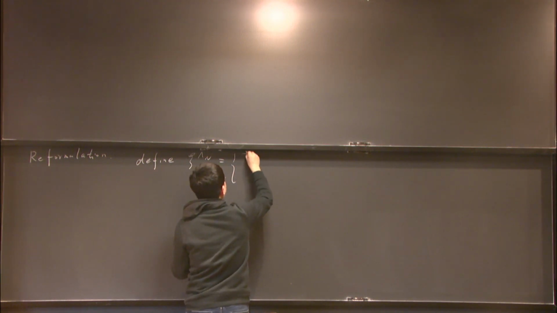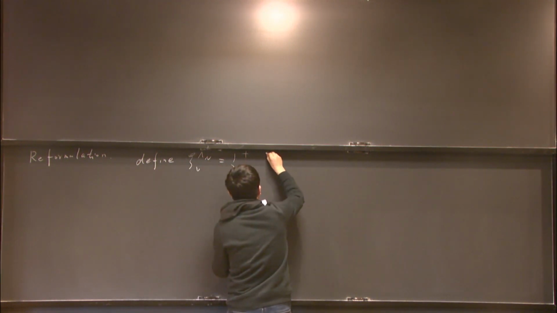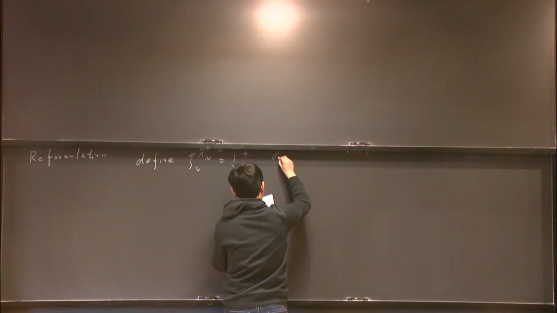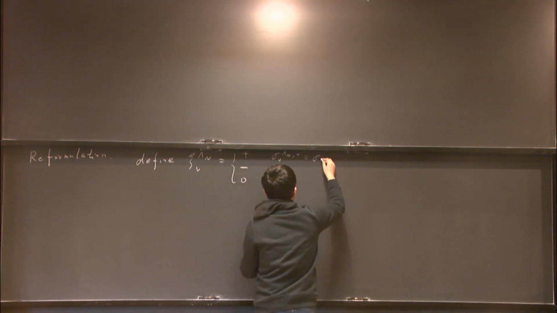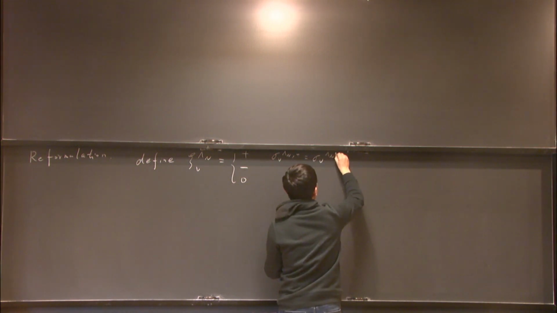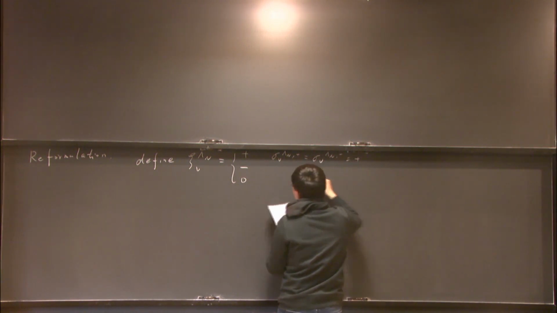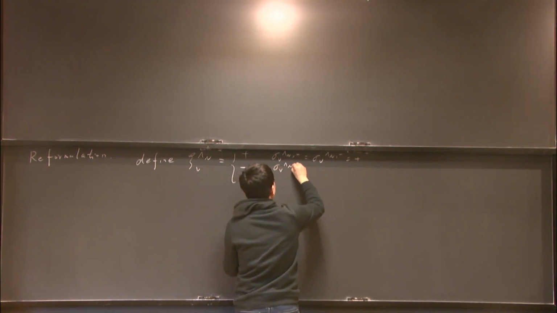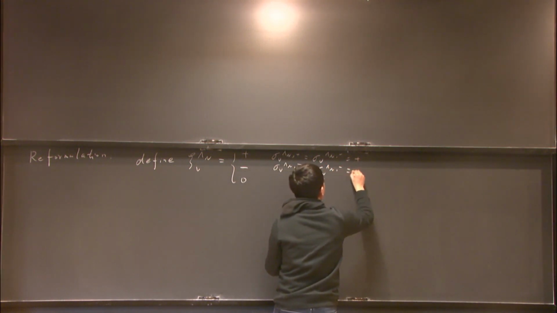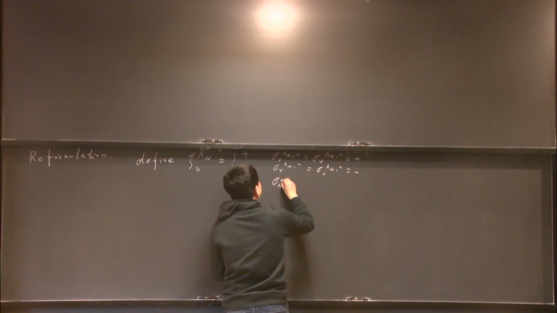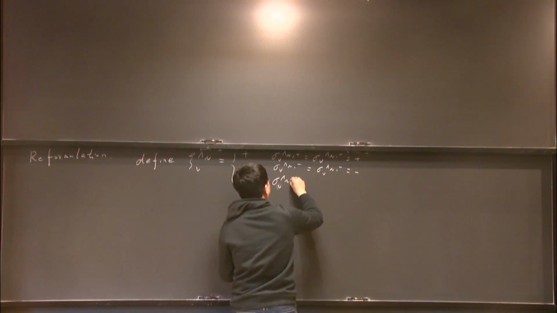It takes 3 values, plus, minus, or 0. It's plus if both boundary conditions give you a plus. It's minus if both boundary conditions give you a minus. And it's 0 if plus boundary gives you plus and the minus boundary gives you minus.